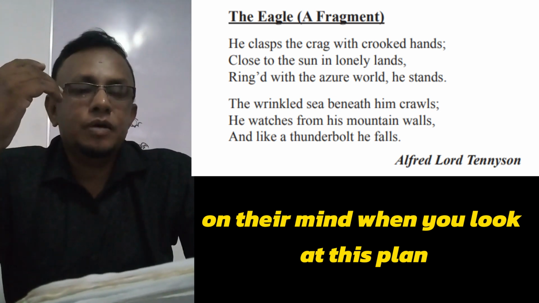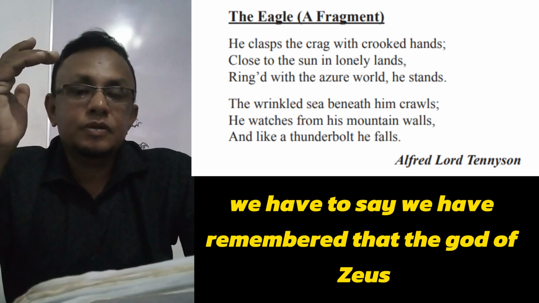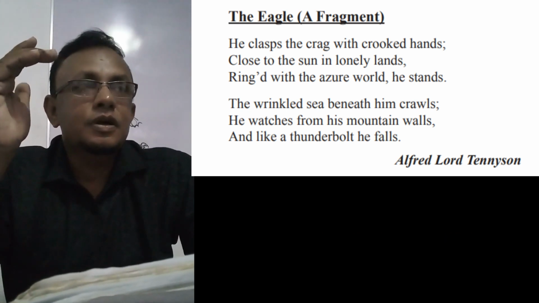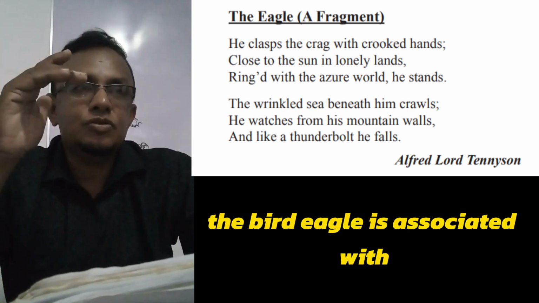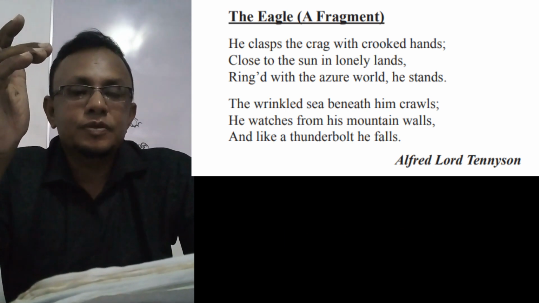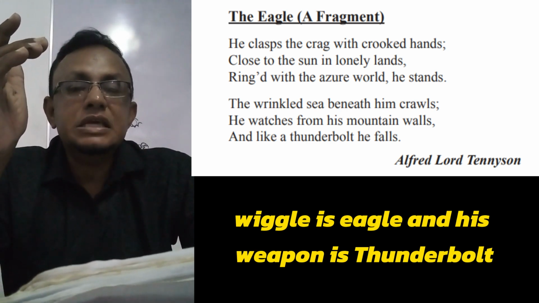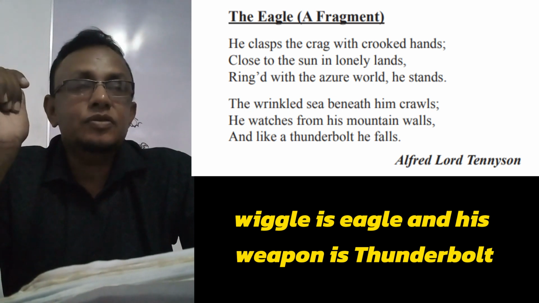When you look at this poem, we have to remember that in Greek mythology, the bird eagle is associated with the god Zeus. Zeus' vehicle is the eagle, and his weapon is the thunderbolt.